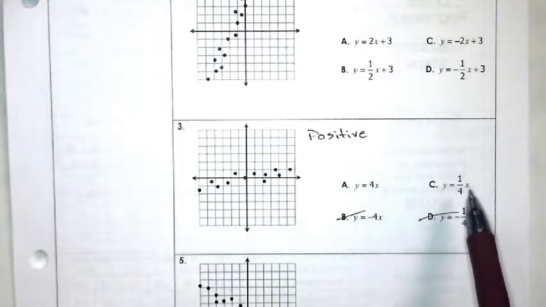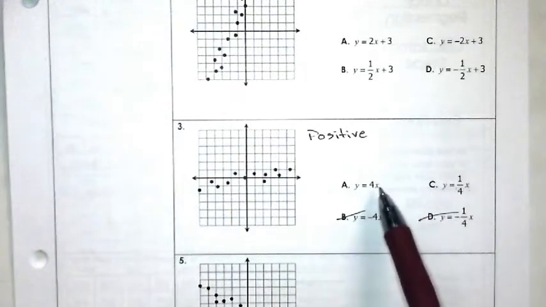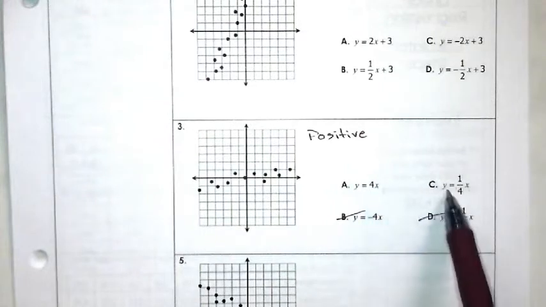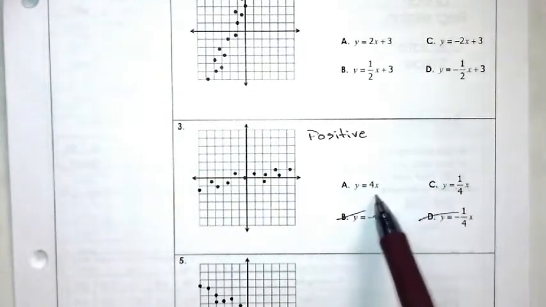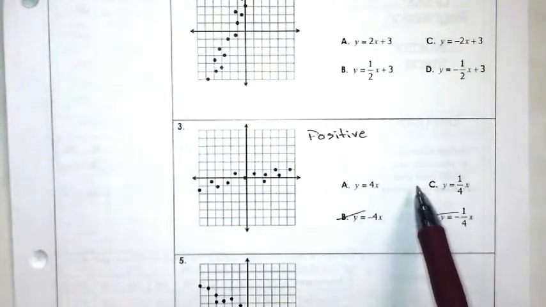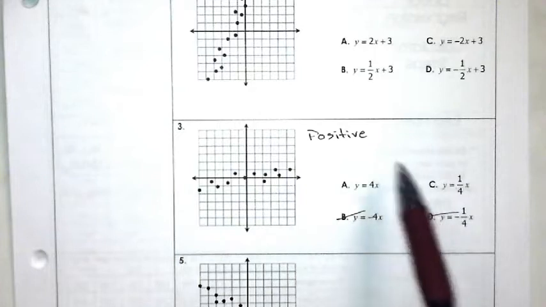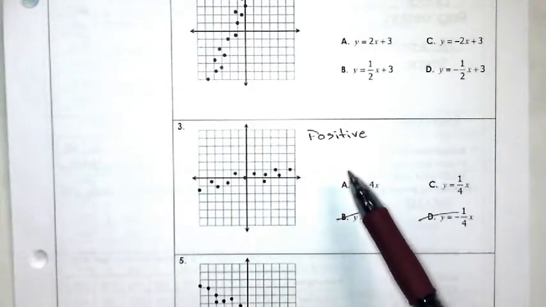Now, last class, we talked about this. What type of equation is this? We said it's positive, not 0. We talked about it last class.